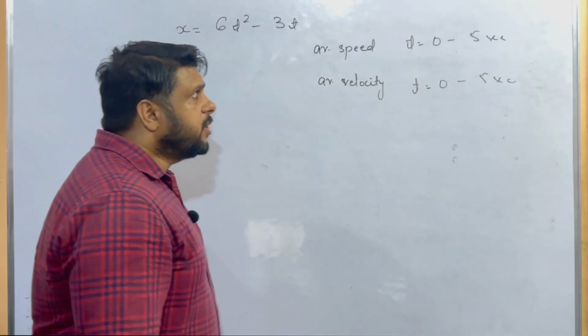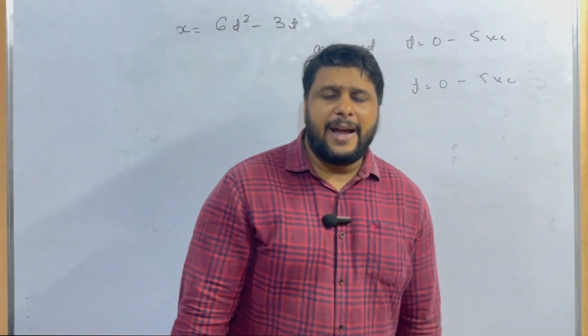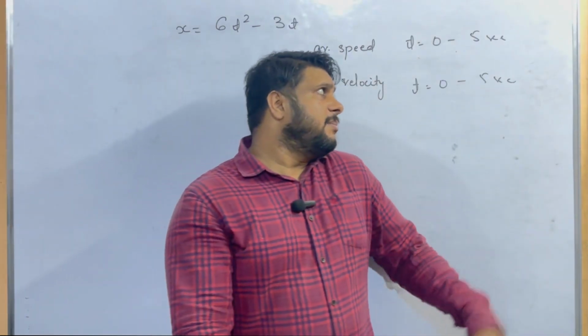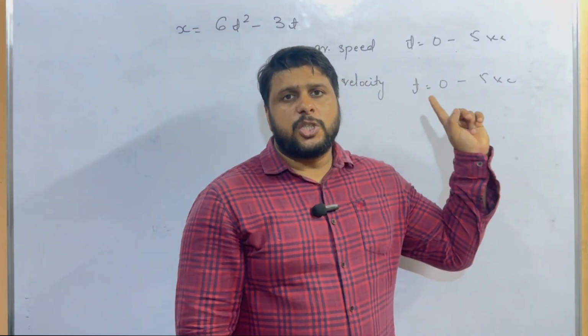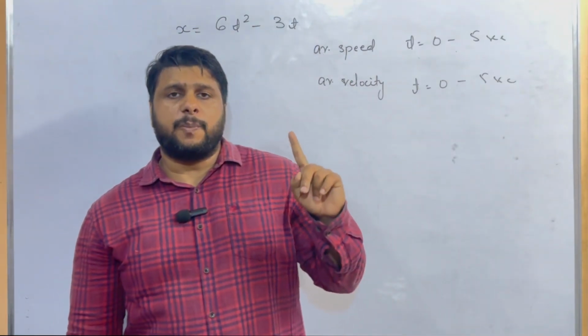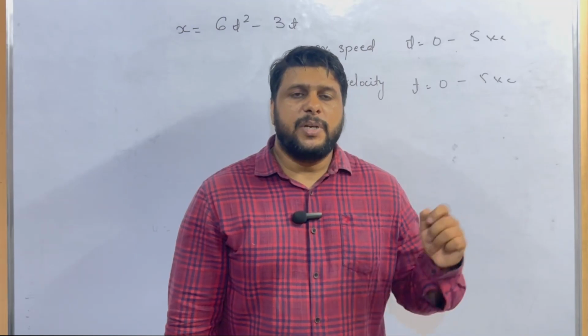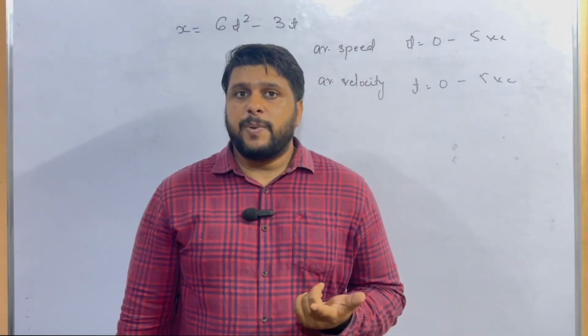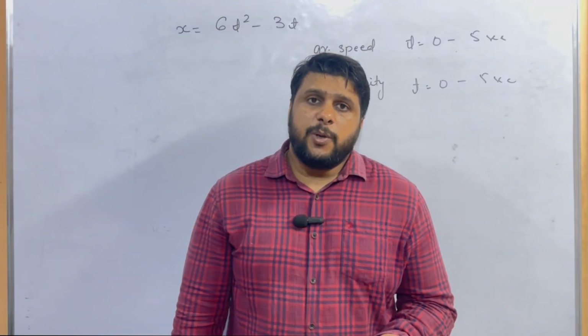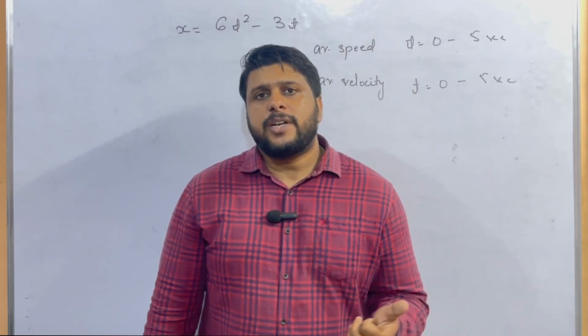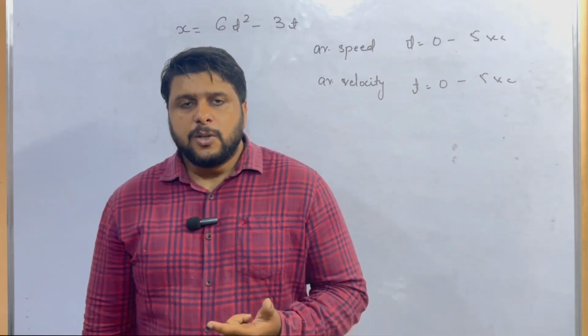Now here two things are asked, average speed and average velocity. If this particle is reversing its direction, then the displacement value and the distance value are going to be different, so our average velocity and average speed are going to be different.